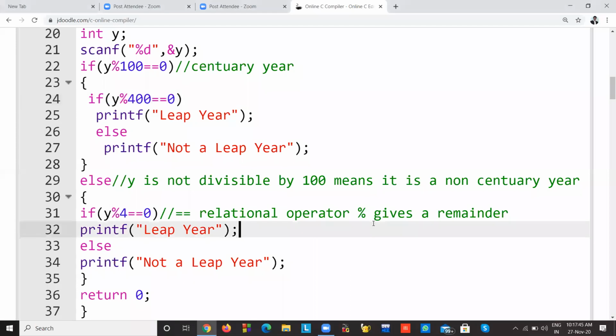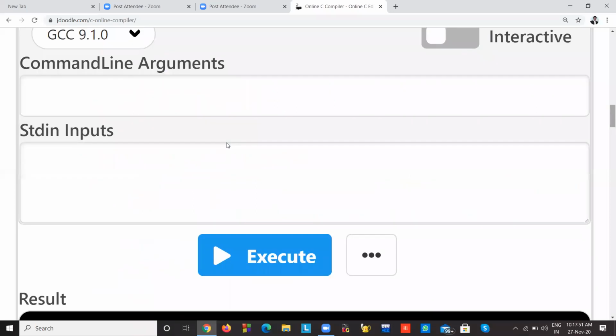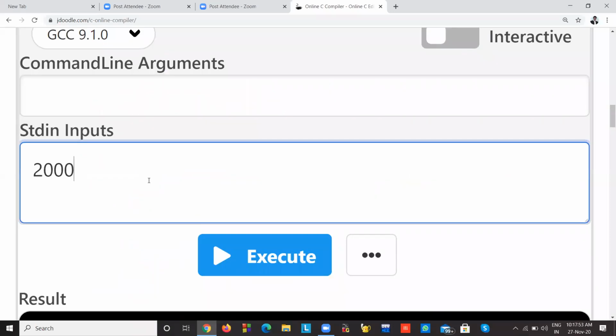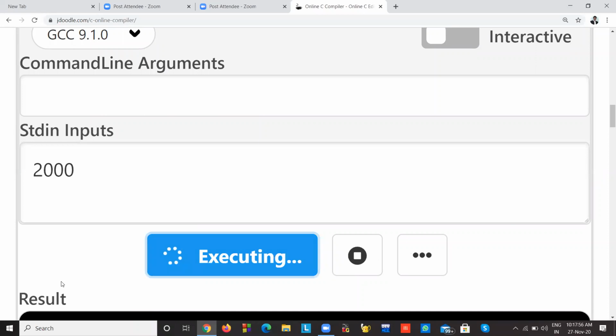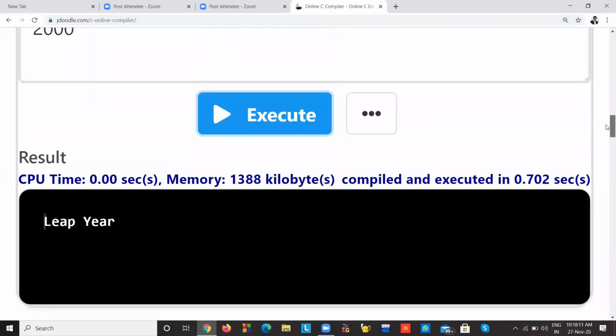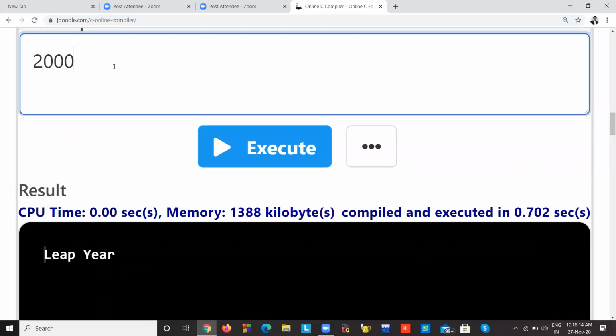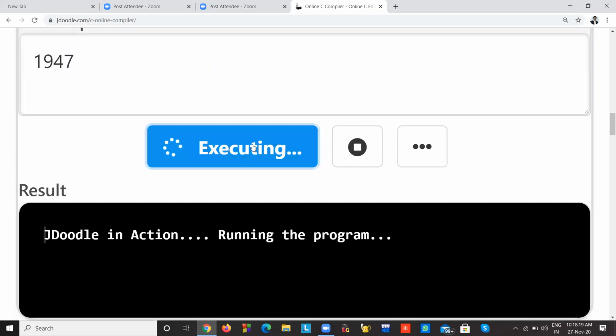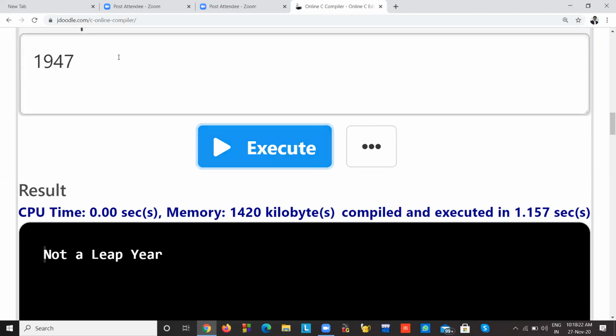Cool. How will we reduce this? Before that, we'll check some examples. Let me take 1000. 2000 is a leap year. When we got independence, 1947, not a leap year.